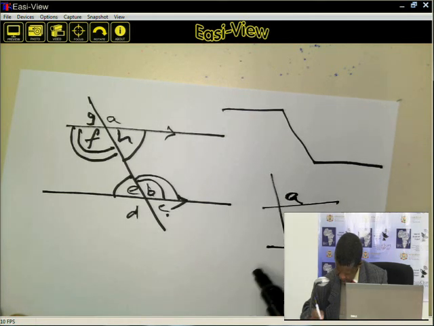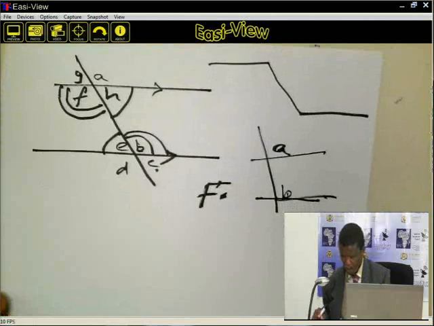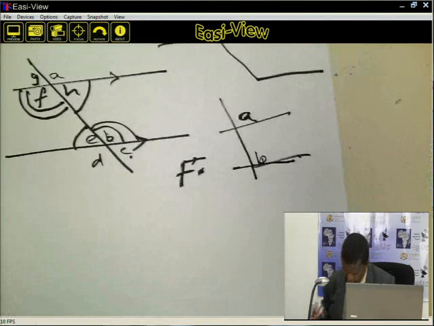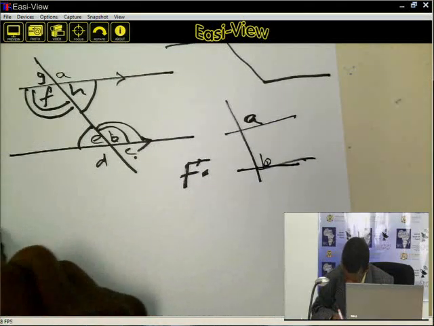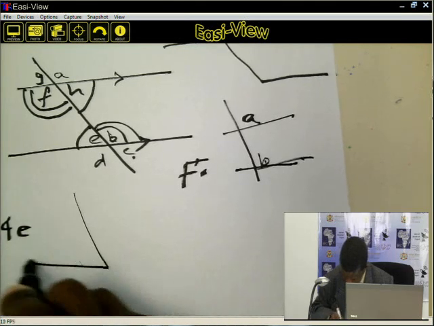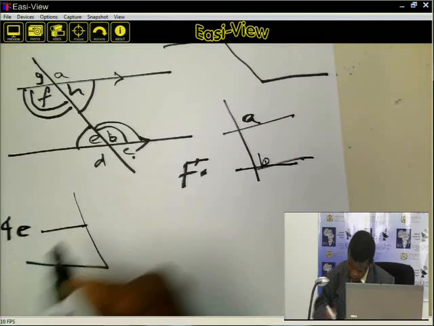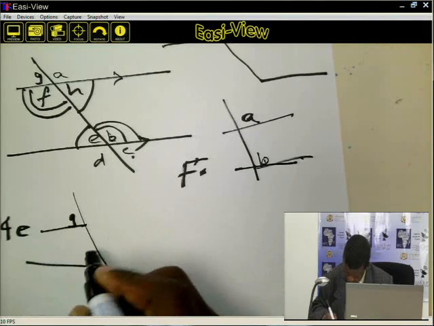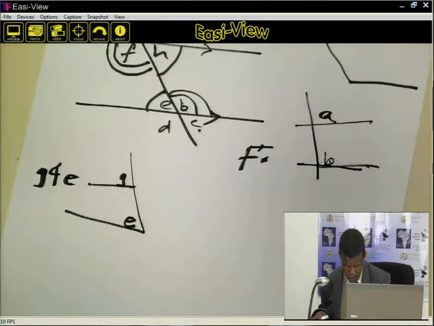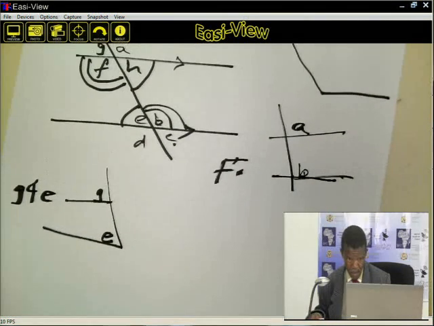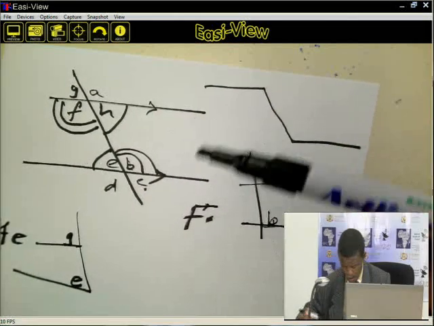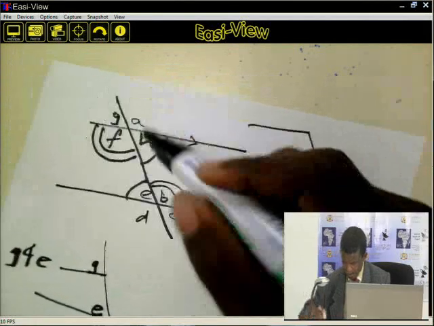You see an F. They form an F. This side too, you have a G and an E. And if you look at this, you have an F. Yes, it's facing this way, but it is still an F. You need to be able to recognize these. And finally, although we seldom use that, co-interior angles are supplementary.